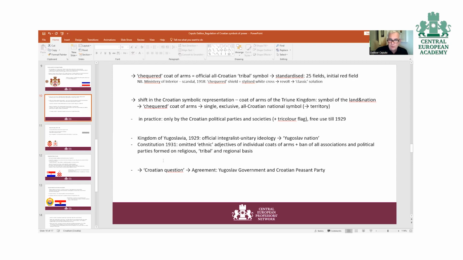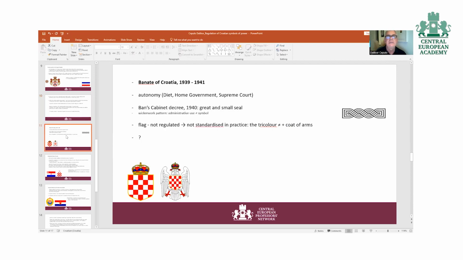The problems between Croats and Serbs created the Croatian problem, which was resolved by the Croatian-Serbian agreement between the Yugoslav government and the Croatian Peasant Party, upon which the autonomous Banovina of Croatia, with extensive autonomy and its own home government, was founded.